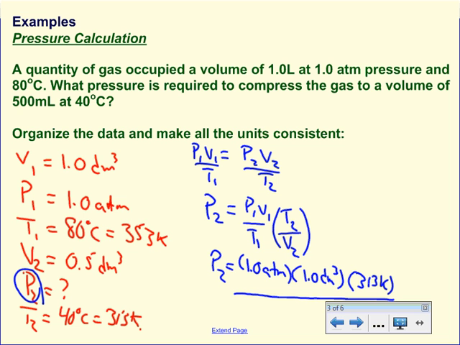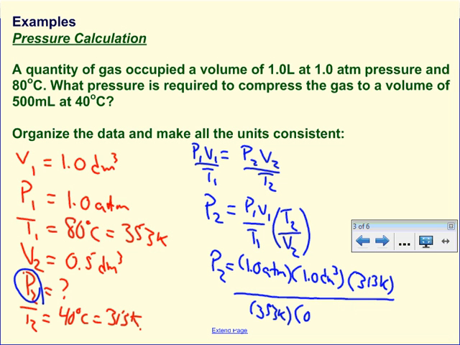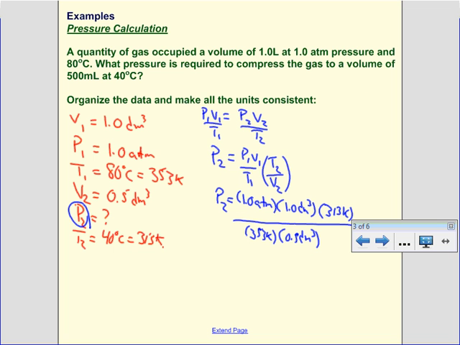All this is divided by T1, which is 353 Kelvin, and my V2, which is 0.5 dm cubed. Plug that in my calculator, and that equals 1.8 atm, or 1.8 atmospheres.